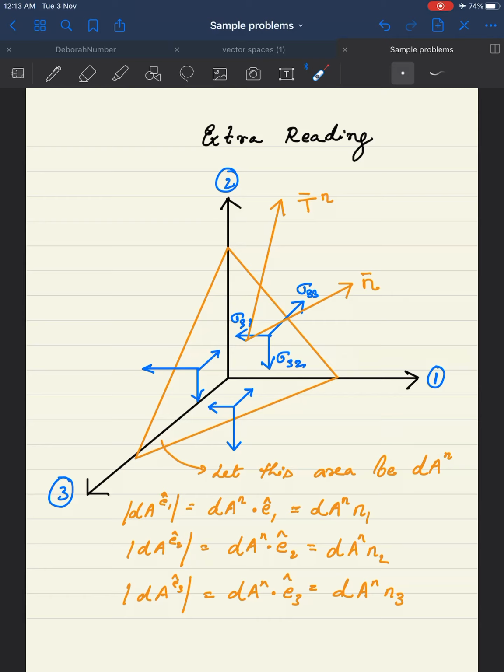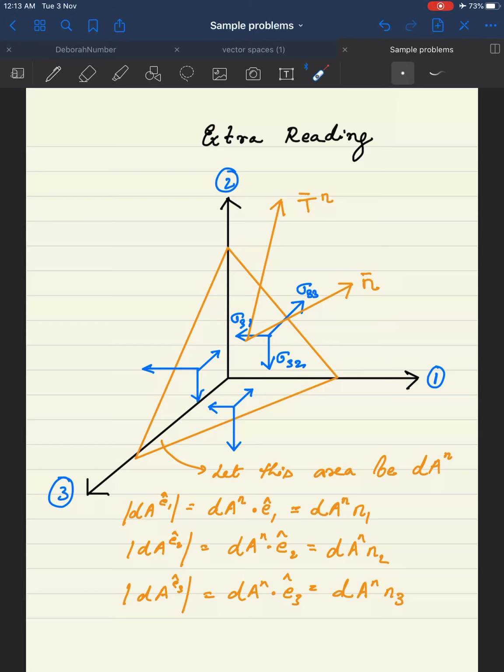Okay, and this arbitrary triangle has a given normal vector n hat, and on this arbitrary area we have a traction vector that is acting, which is t bar, and the superscript n is supposed to show that it is associated with this normal vector here.